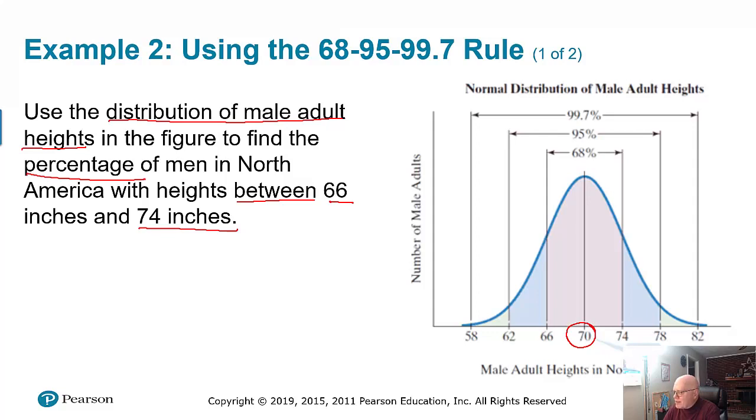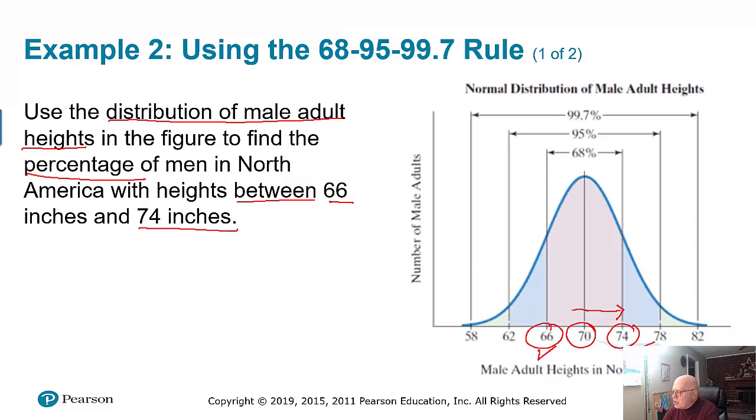Now we're interested in 70 to 74, so if I go this direction, 1 standard deviation, that's what I'm interested in. Big check mark there. If I go the other direction, below 70 is 66, that's the other one I'm interested in.